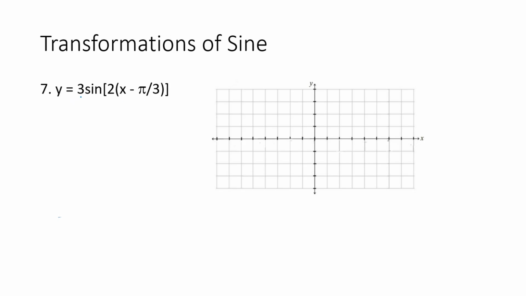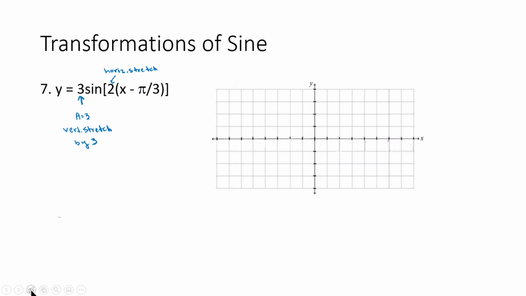So the first thing we have out here is our amplitude, because this is a vertical stretch. Okay. When we have a multiplier on the inside, this is a horizontal stretch or shrink.